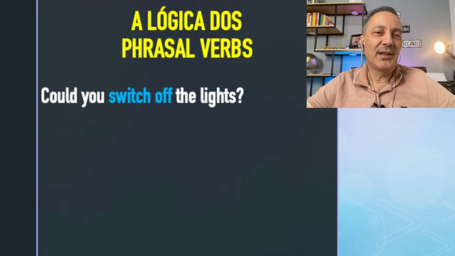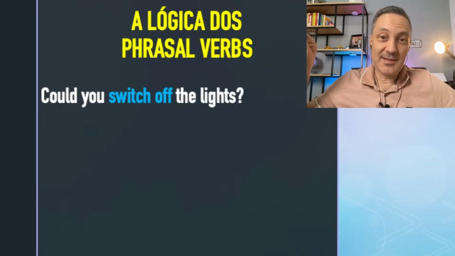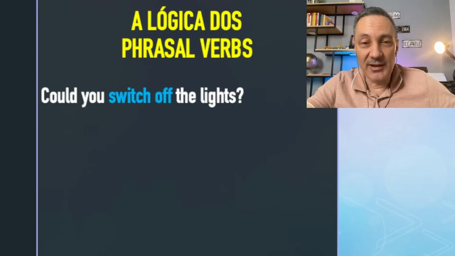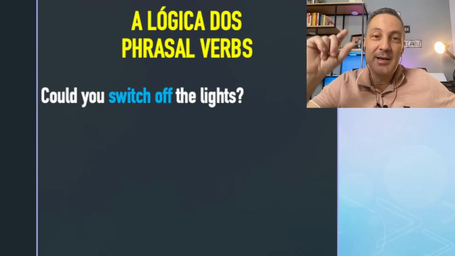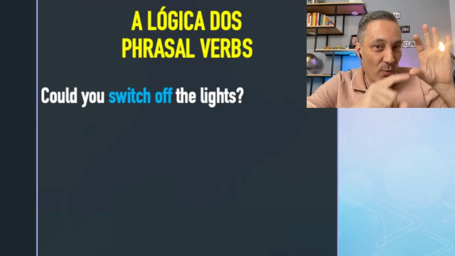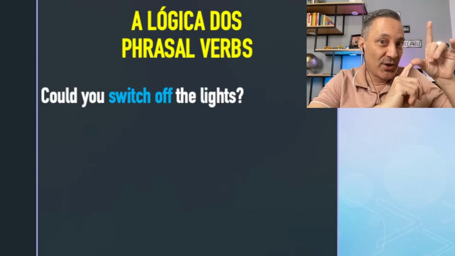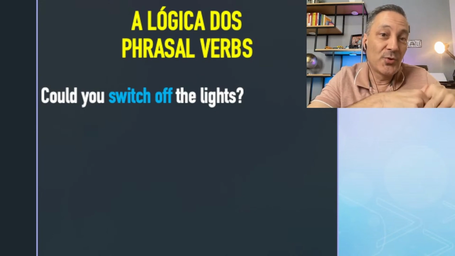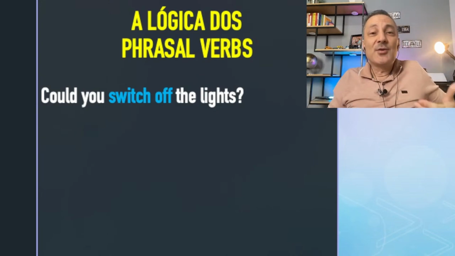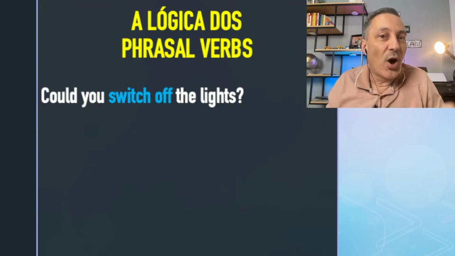Could you switch off the lights? Switch off the lights is the same as turn off the lights. It's very common to say switch off the lights because that little thing where you press to turn on or turn off the lights is called a switch. So, could you switch off the lights? Now, why switch off the lights? Why off?